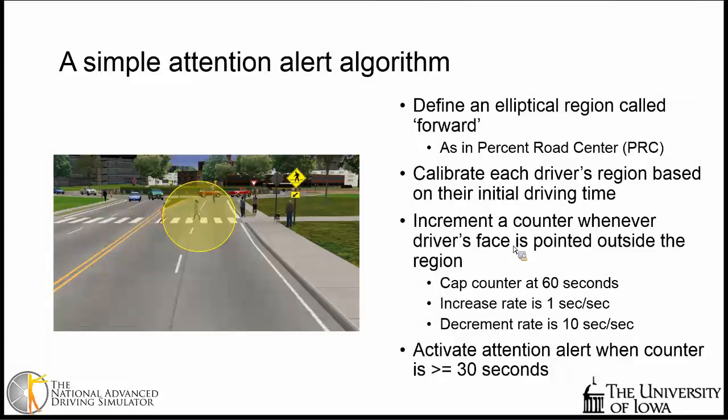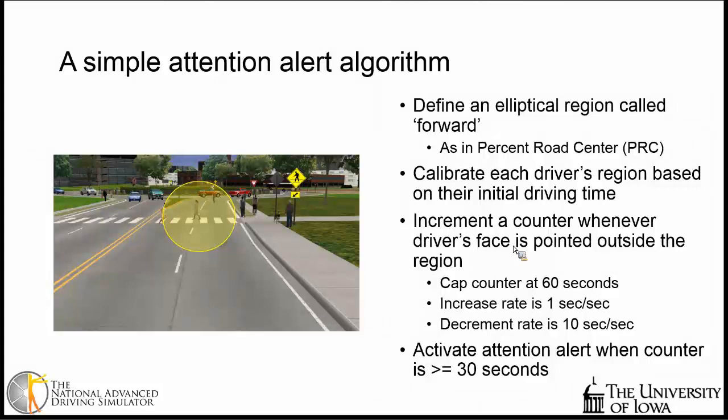As they were driving manually, they would get up to speed, and they had to drive for a little while before they would put it into automation. And so during that time, you can measure what the angles are that the DMS is measuring as the driver is just looking at the road and driving.